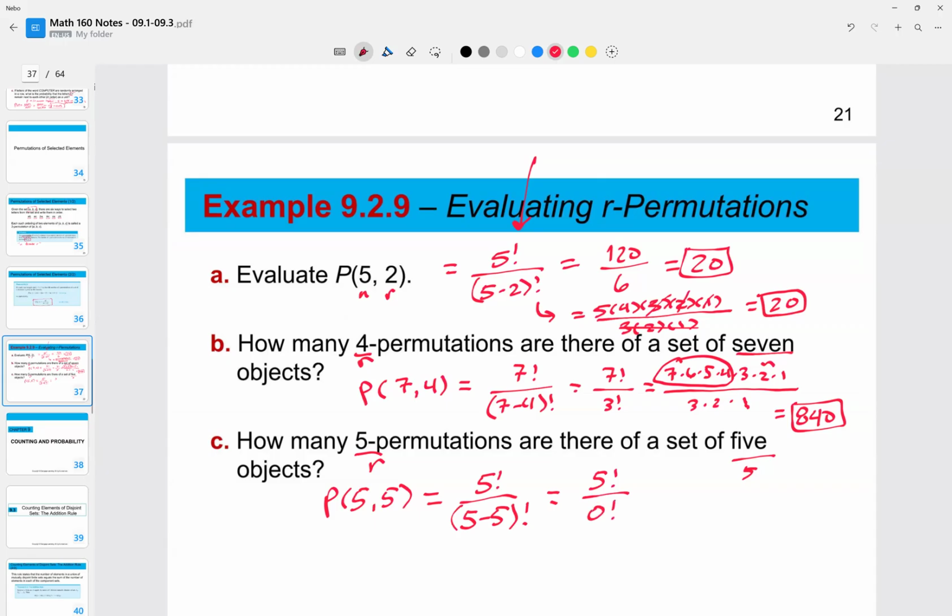Uh-oh, I'm dividing by 0. Well, thank God we defined by convention that 0 factorial is 1. So this is just 5 factorial over 1, which is just 5 factorial, which is 120. So you can kind of see why we define 0 factorial as 1.